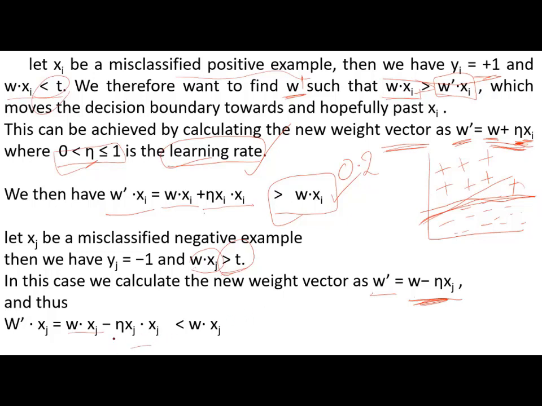Clearly, we are subtracting this, so it is less than W xj. Clearly showing the boundary will be varied.